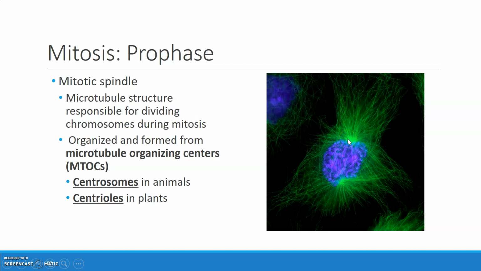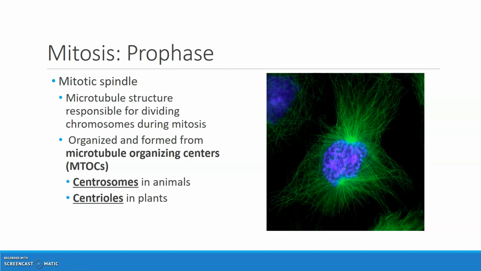And the mitotic spindle organizes during prophase and emanates from a particular location called the microtubule organizing centers, or MTOCs. And you can see that bright green dot on 2 sides of the cell, or at the 2 poles of the cell, and many, many microtubules emanating out from there.